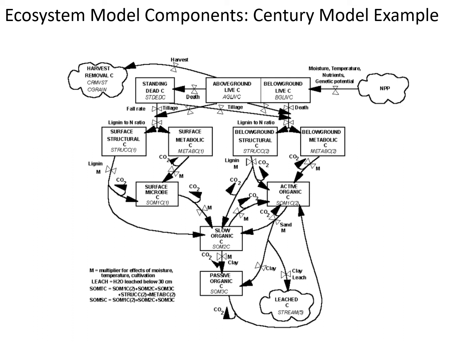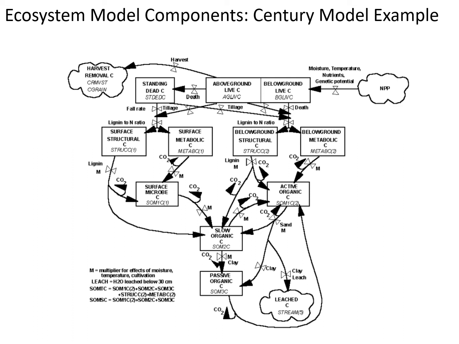So here we have a model that's keeping track of above ground and below ground carbon in living materials. We have the carbon in standing dead materials, surface structural C and metabolic C, below ground structural C and metabolic C. You don't have to understand what all these things are exactly at this point, but microbial C, etc.